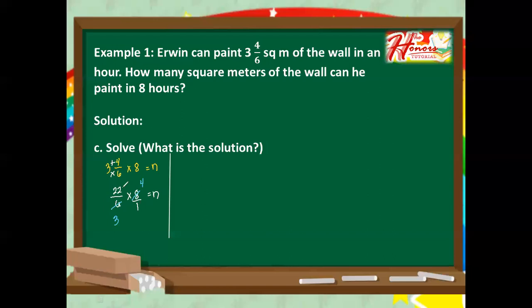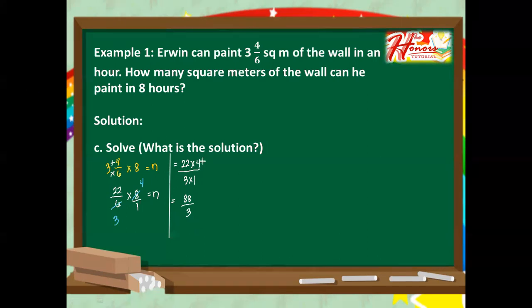So let's multiply 22 and 4. So that is 22 times 4 over 3 times 1. 22 times 4, that's 88 over 3. So it is an improper fraction, so therefore you have to change this into a mixed number.